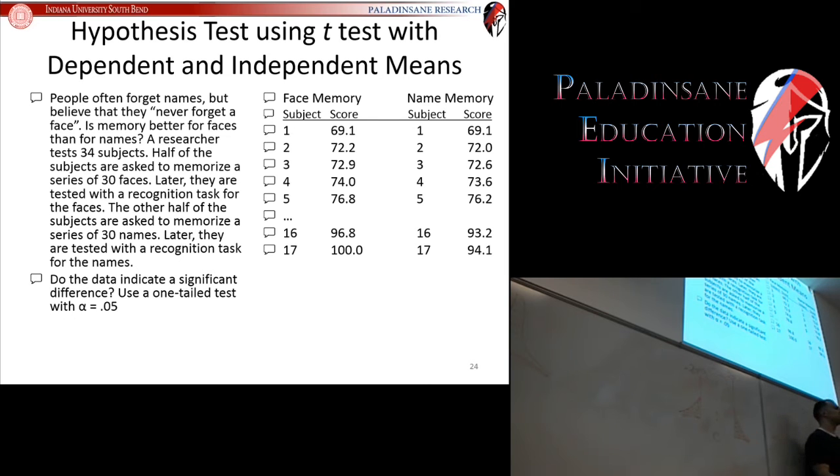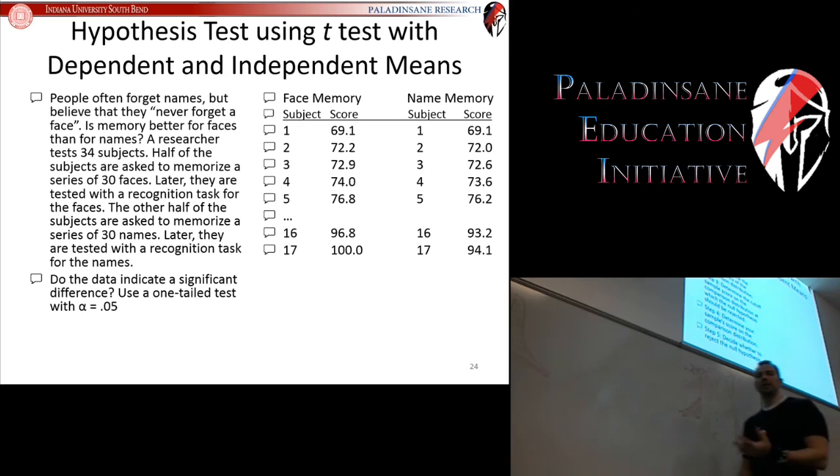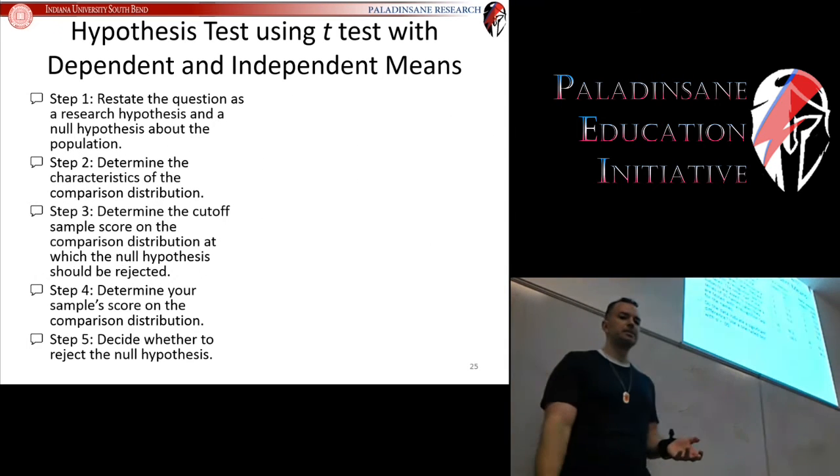That's an independent means t-test. The correct analysis for this situation is an independent means t-test. So we have 17 subjects over here who memorized faces, and we have an additional different set of 17 subjects over here that memorized names. All right, so we've identified this as an independent means t-test.